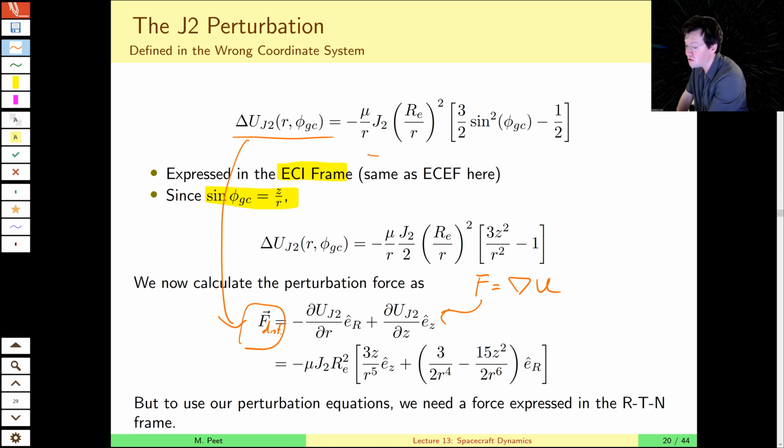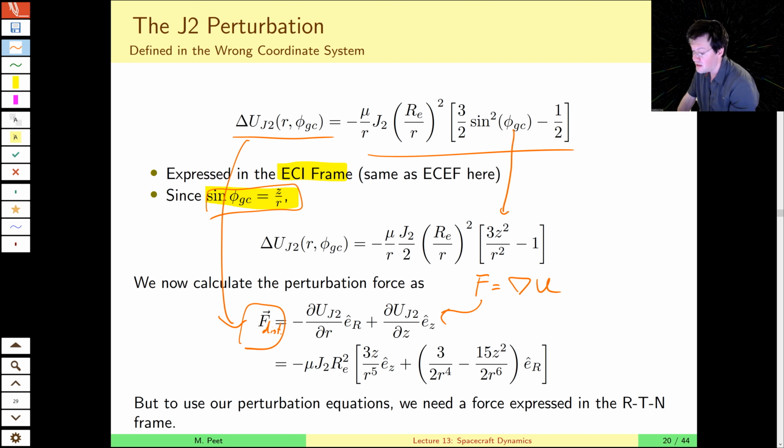So here's our term, and our first step is to do this substitution, where we convert this phi GC to this term here, which is a z component.